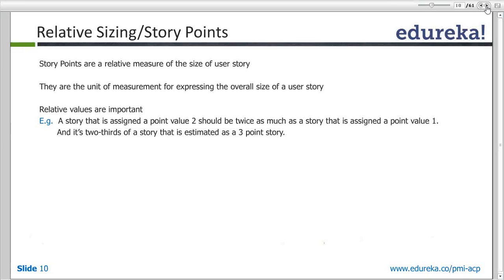Right? So let's take an example here. A story that is assigned a point value 2 should be twice as much as a story that is assigned a point value 1.